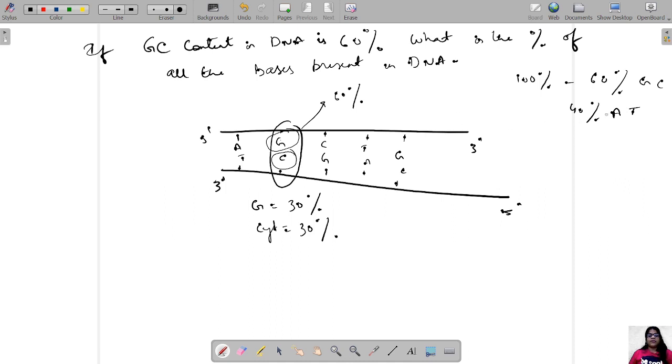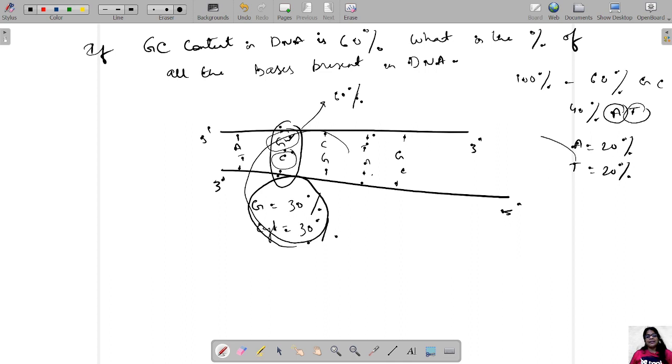The 40% should be equally distributed because adenine is a purine and thymine is a pyrimidine. Right, so adenine should be 20% and thymine should be 20%. So this is the important question they have asked. The answer for this question is: G and C are 30 percent each, and A and T are 20 percent each.